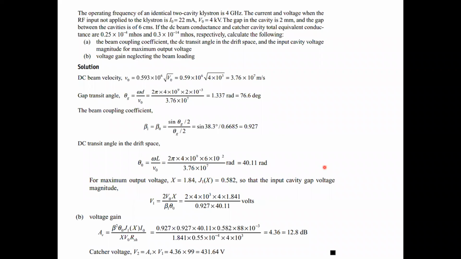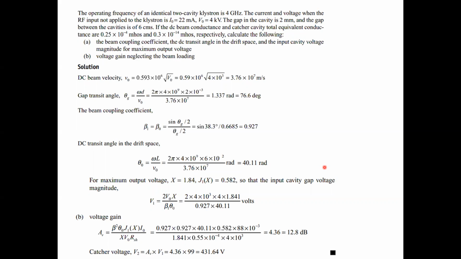So again, just to recall for all, the operating problem number 5. Problem number 5. Operating frequency of a two cavity klystron is 4 gigahertz. Current when the RF input is not applied to the klystron is 52 milliamperes. V naught 4 kilovolt. Gap 2 mm. The gap between the cavities 6 centimeters.